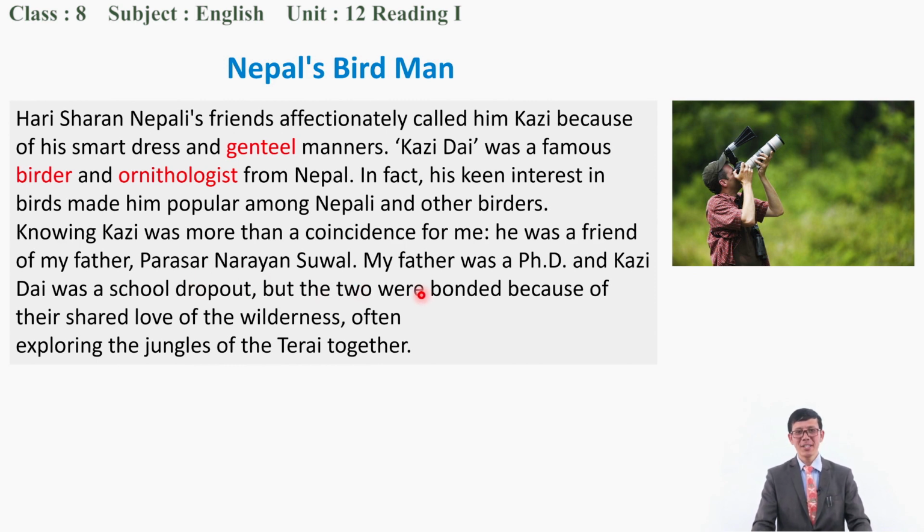My father was a PhD and Kajidai was a school dropout. He did not continue his school. He left his school. But the two were bonded because of their shared love of the wilderness, often exploring the jungle of the Terai together.